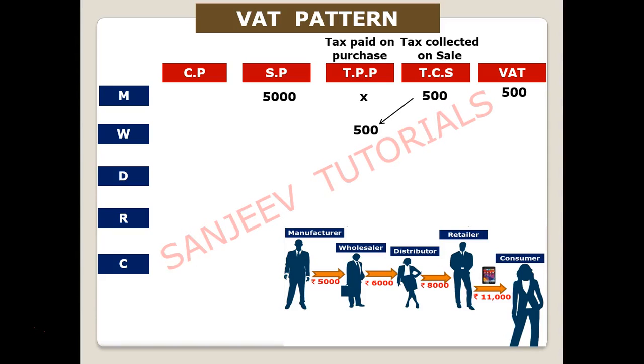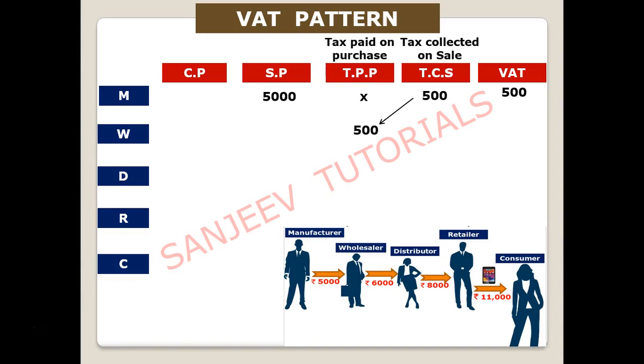So in the earlier pattern, the government was getting rupees 1100 as tax as seen in the previous slide, but that used to happen only when the product is sold to the customer. Here the government gets rupees 500 immediately when the product is dispatched from the manufacturer.